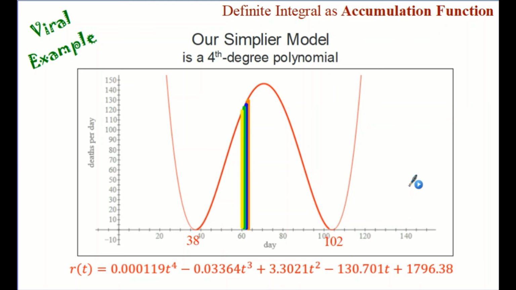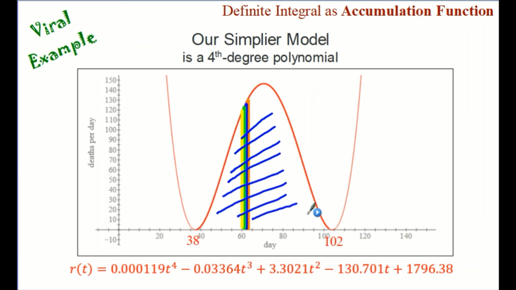I'm hoping you agree. And if we took the integral of this from day 38, which is where the 0 is, on out to day 102, we would get this total area under the curve here, and that would represent the total number of deaths from day 38 to day 102.